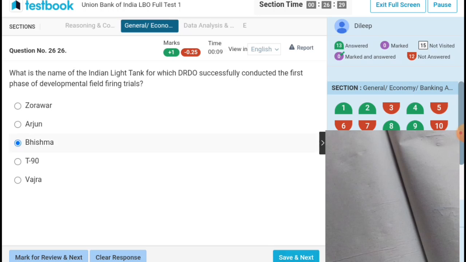What is the name of the Indian light tank for which DRDO successfully conducted the first phase development of field firing trials? I think it is T-20 or Bhishma. Joravar, I think.